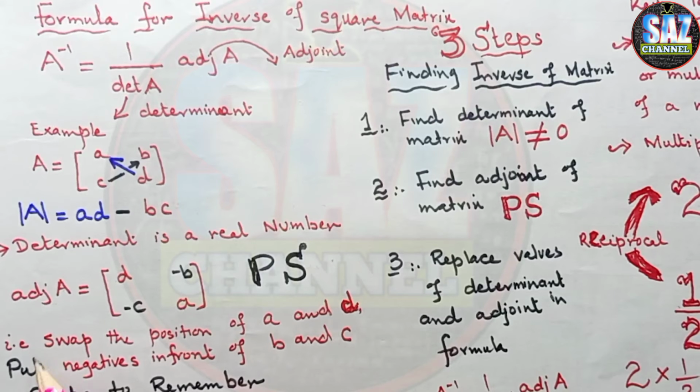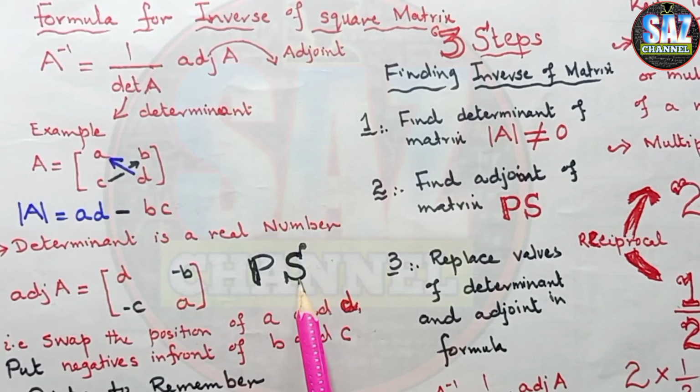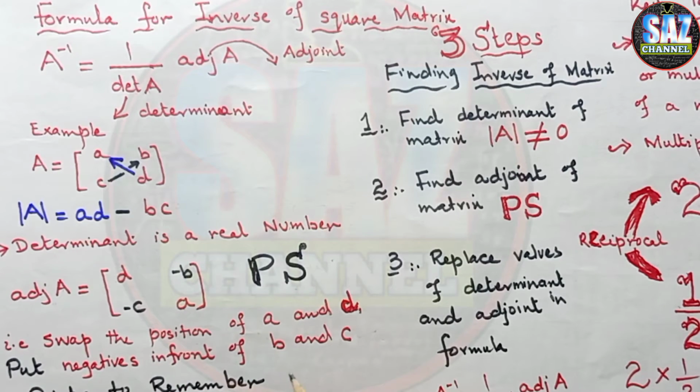So to get the adjoint, swap the positions of A and D and put a negative sign in front of B and C. You can keep it in mind as PS: places of diagonals and signs of the other diagonal elements.